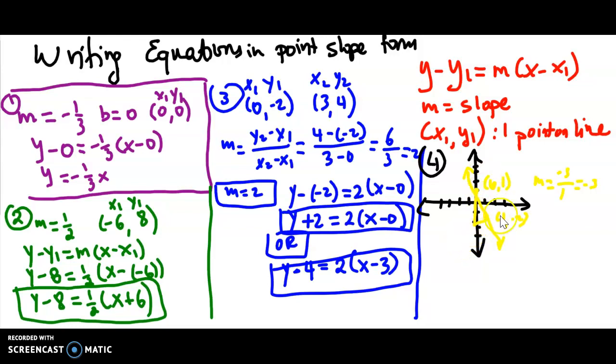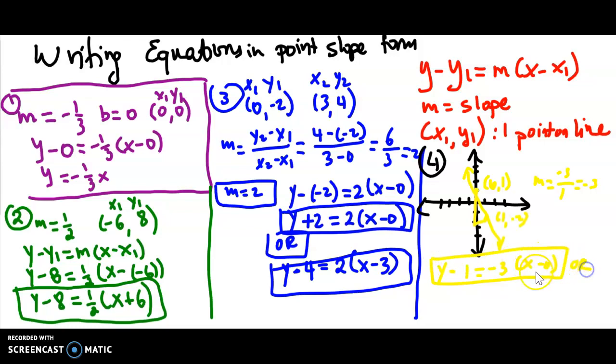Again, similar to before, I have two options of writing the equation in point slope because I have 2 points. If I use the first point, which is the y-intercept, here's what I have: y minus 1 equals -3 times (x minus 0). And I need to stop here. I'm not distributing if they're asking for point slope.